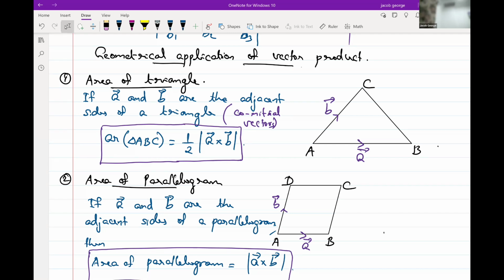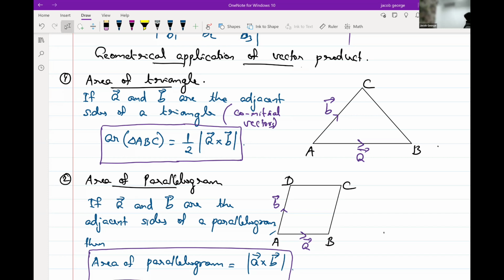In terms of adjacent sides, what is the area of a triangle? Half base times height, in vector form half into magnitude of A cross B, where vector A and vector B are the adjacent sides, on the sides of the triangle. Is it clear?